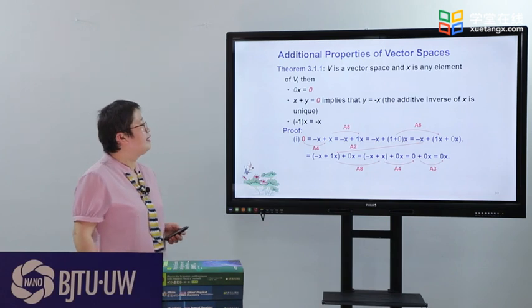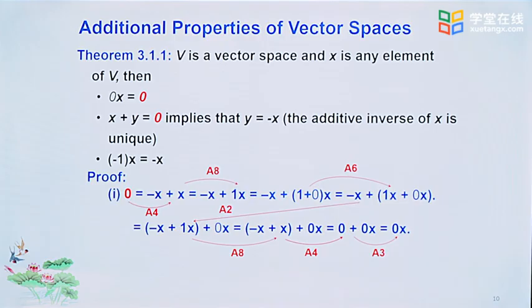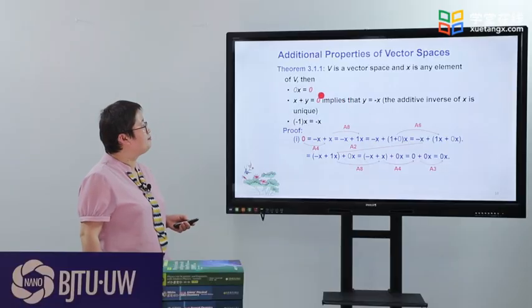Okay, now we check some additional properties of vector spaces. Theorem 3.1.1. V is a vector space and x is any element of V. Then we know that the scalar 0 times any vector x equals the zero vector in this space.